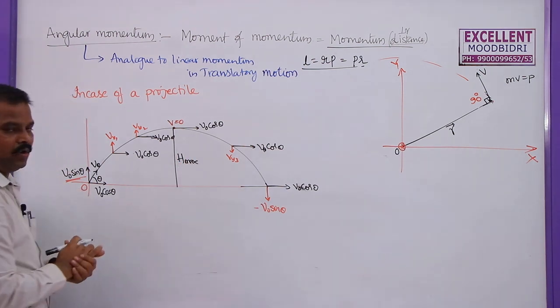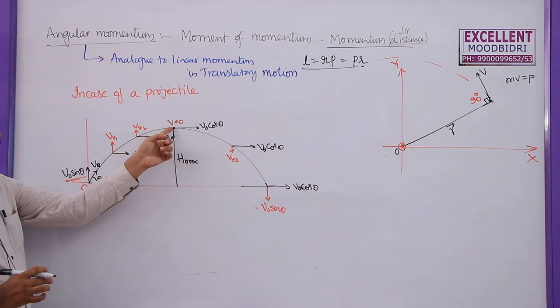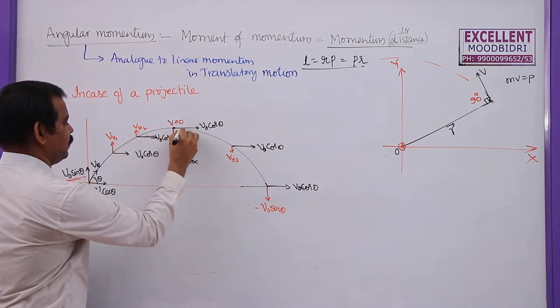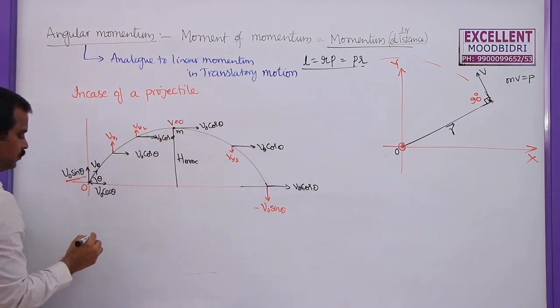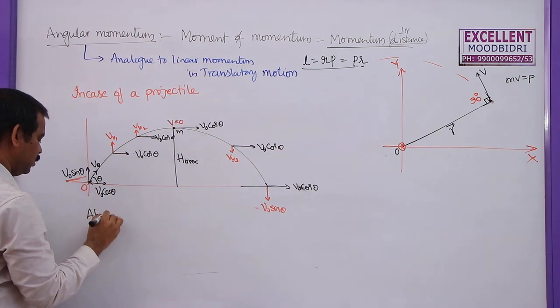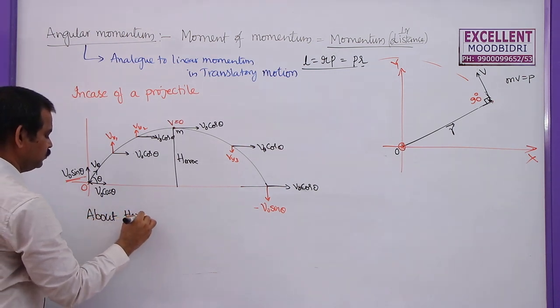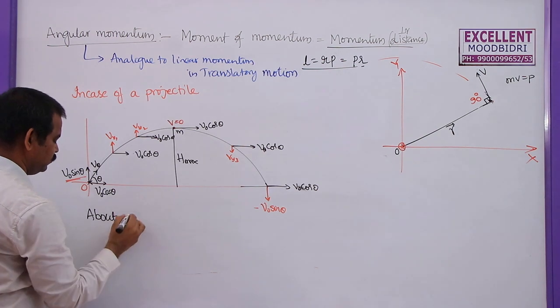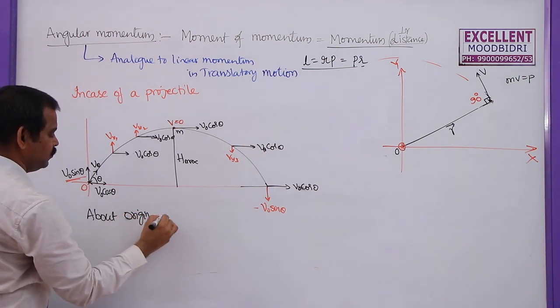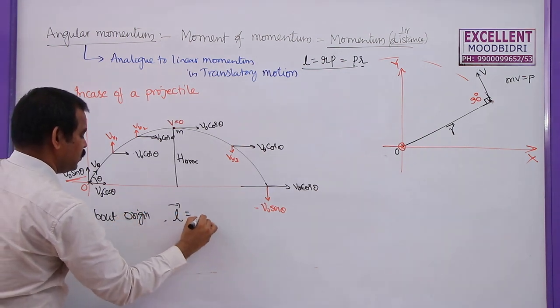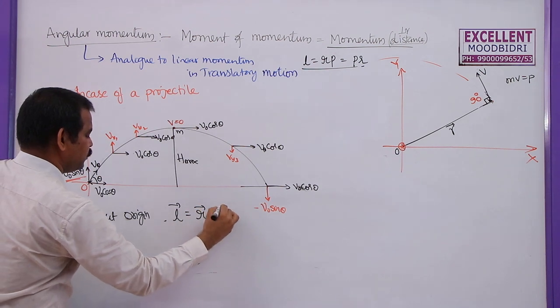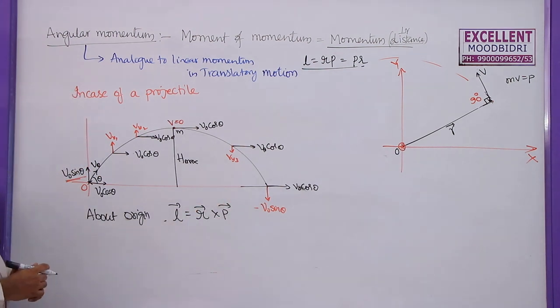Now I want to find out the angular momentum of this projectile of mass m about the origin. So about the origin, L bar is given by r bar cross p bar. What is r bar here?